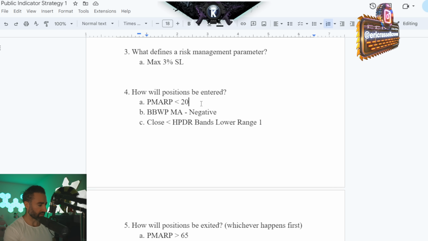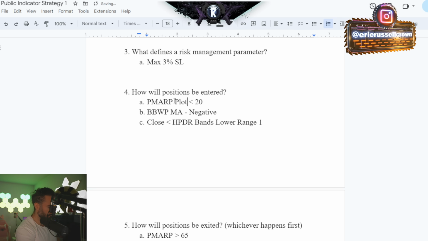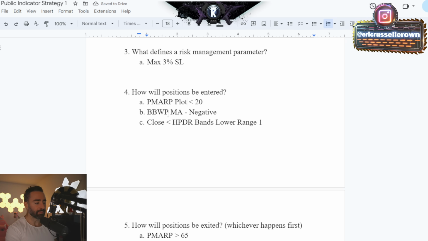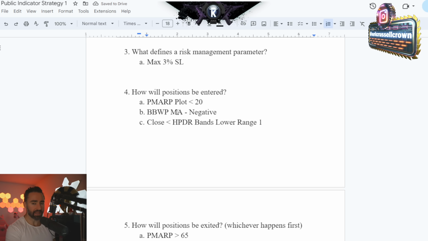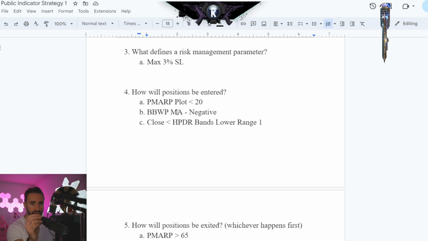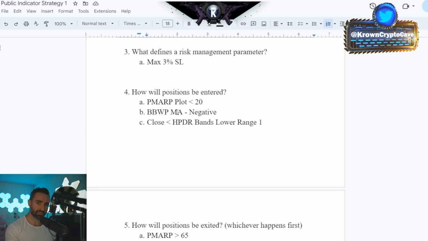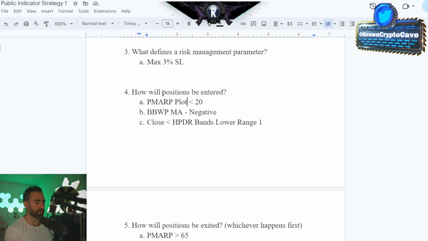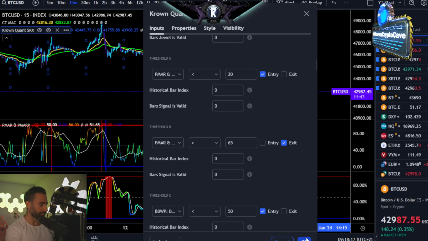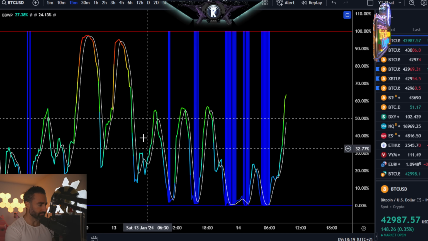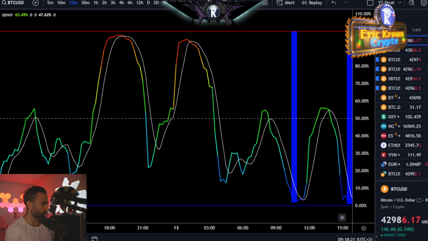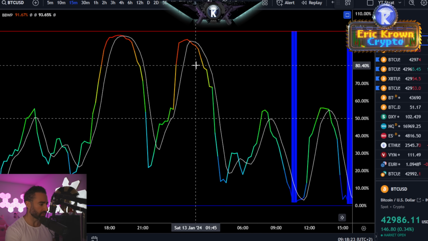And I'm actually going to write this off over here. Plot. There we go. The BBWP moving average must be negative. So from the prior close to the current close, there must be a decrease in the moving average for the BBWP. So what does that look like? Let's say we're analyzing this close right here.